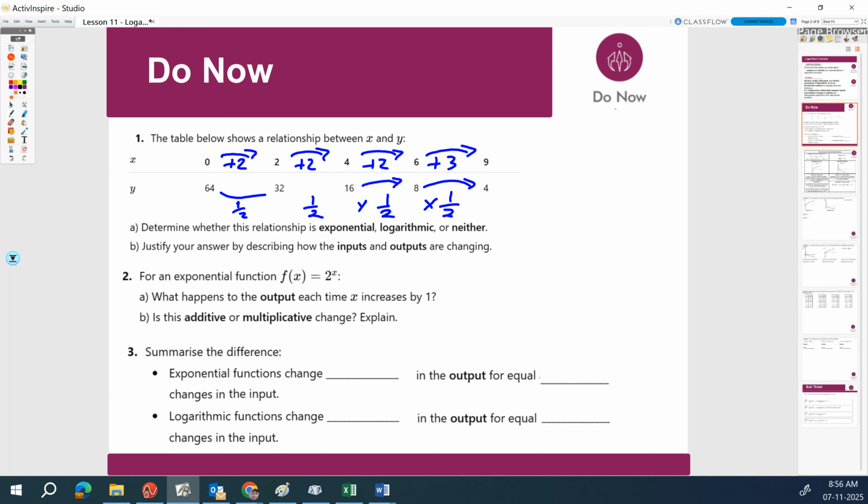And it would be possible to have 3 lots of that amount in order to make the step here correct. But as it's always going, the output values are increasing proportionally, the input values are not increasing additively at an equal amount over equal length input value intervals. So this one is a neither.